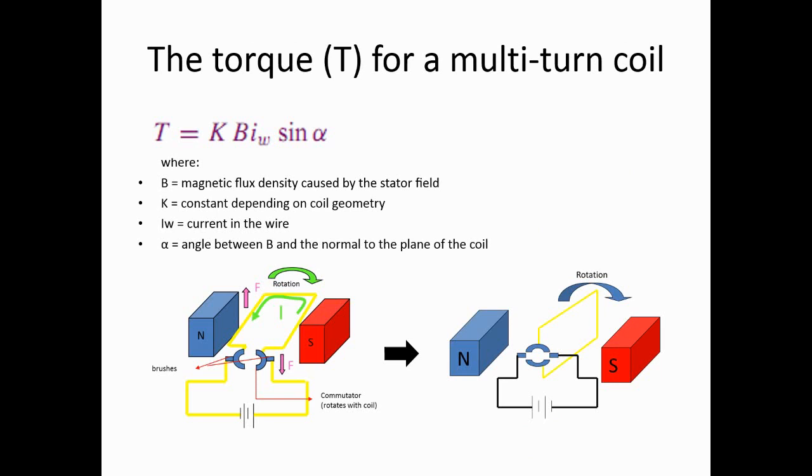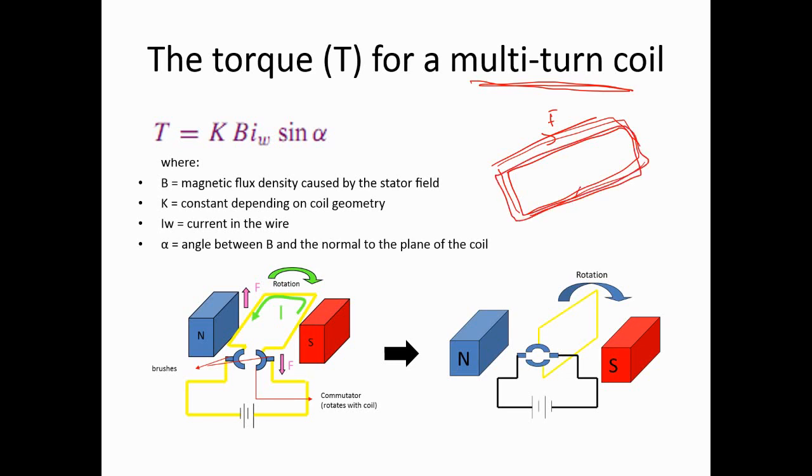What happens if we have a multi-turn coil? Just now what we had was a single wire with a current conducted in that single wire. But now what happens if, instead of a wire, we have a coil? So a multi-turn coil, just like a solenoid, right? So the current is circulating in this coil. So if we have a coil, basically it's not force anymore that we'll create.